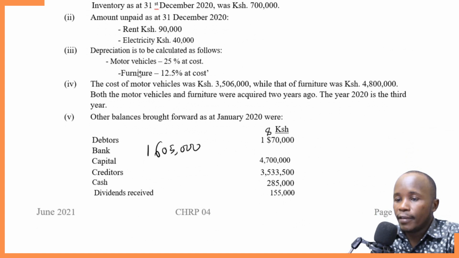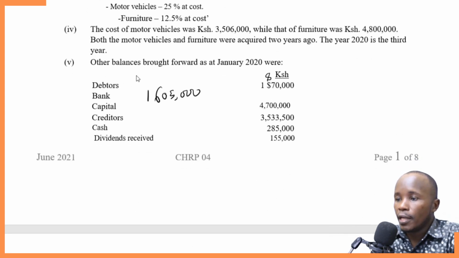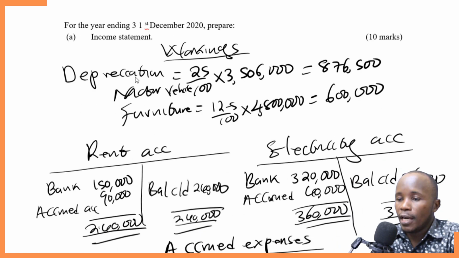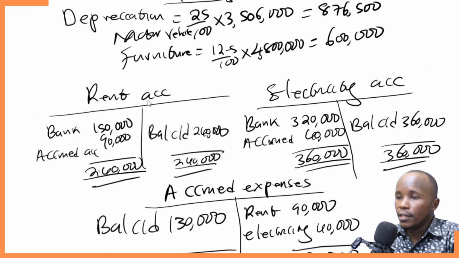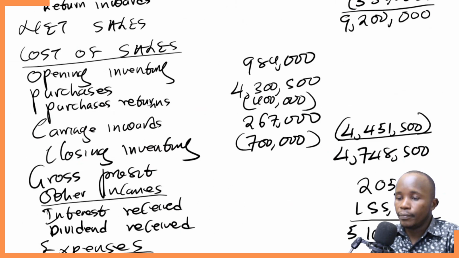Here we have depreciation for both motor vehicle and furniture. We calculated that from this working. We come and bring it here.